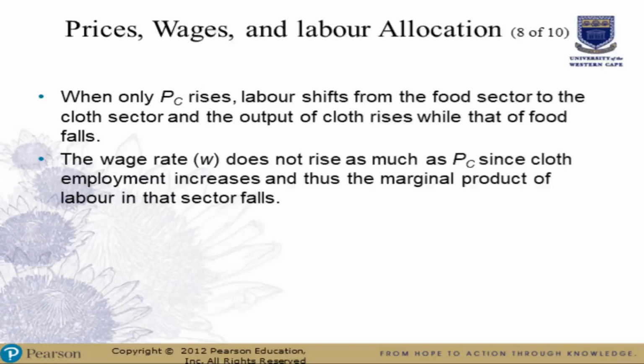First, the wage will rise but by less than the increase in price, because the rise in cloth employment lowers the marginal product of labor in the cloth sector. Second, labor shifts from the food sector towards the cloth sector, and cloth output rises whilst food output falls.